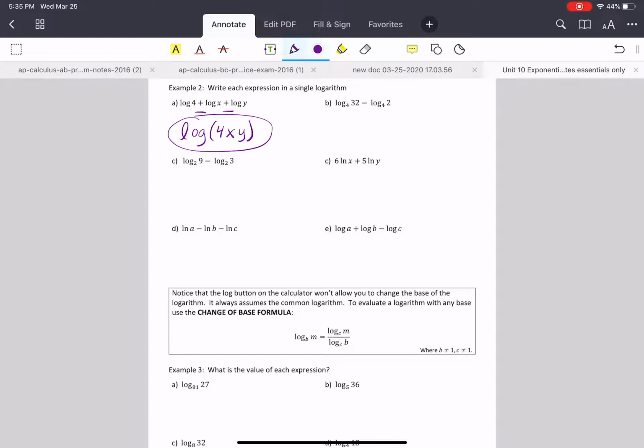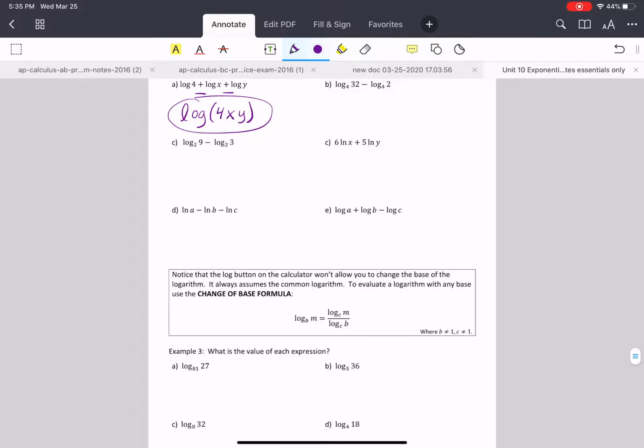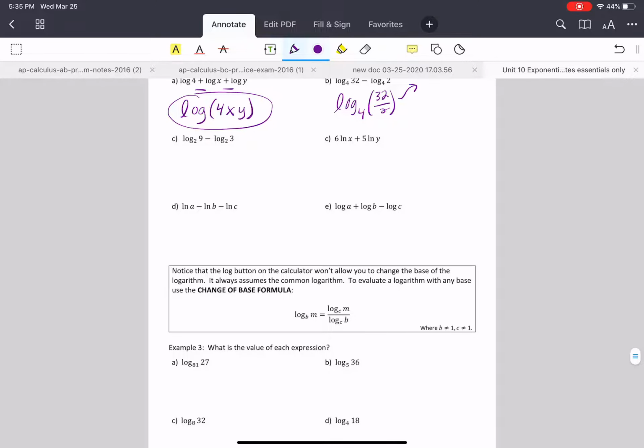Okay, now let's look at part B. In part B, I have division this time because of the subtraction between the two logs. So log base 4 of 32 divided by 2. That is going to simplify to log base 4 of 16.